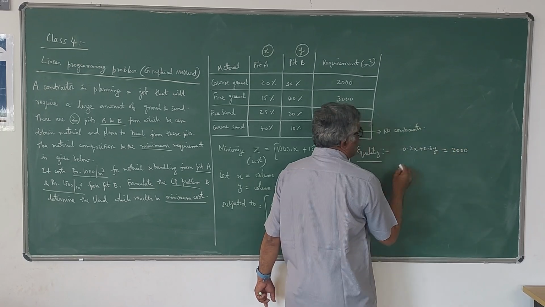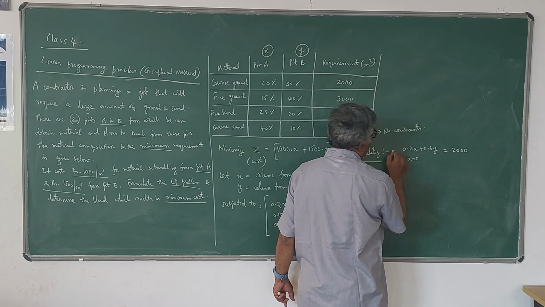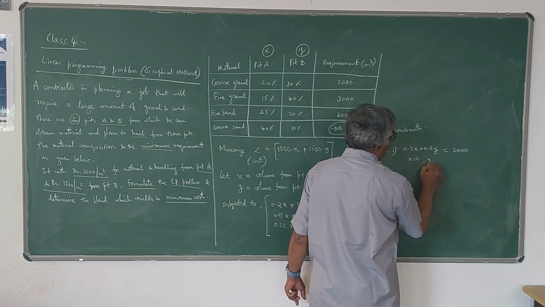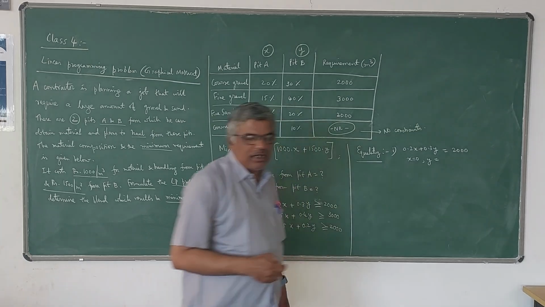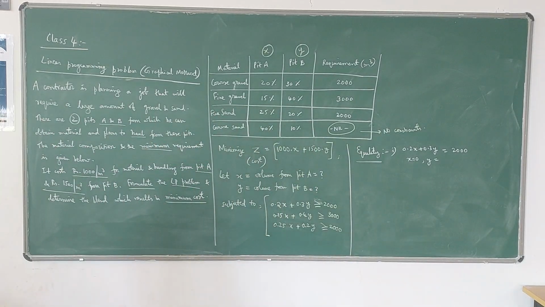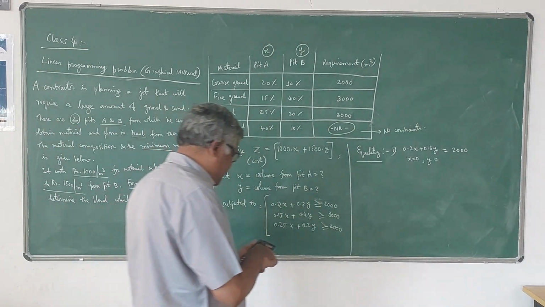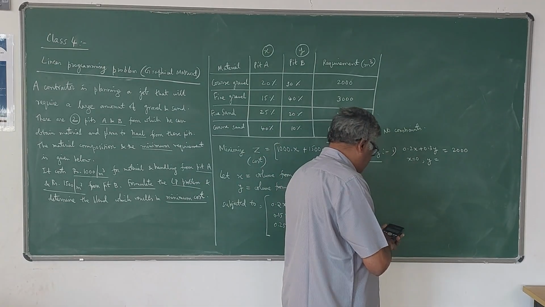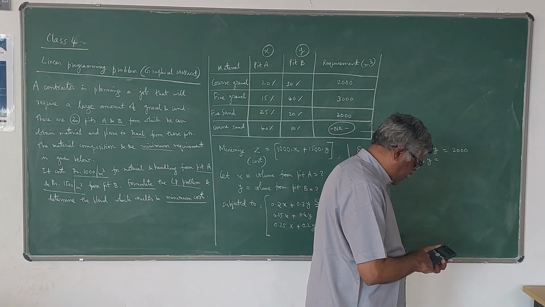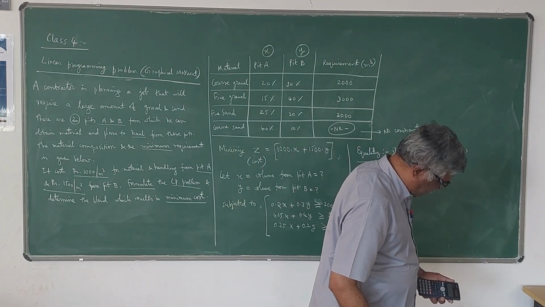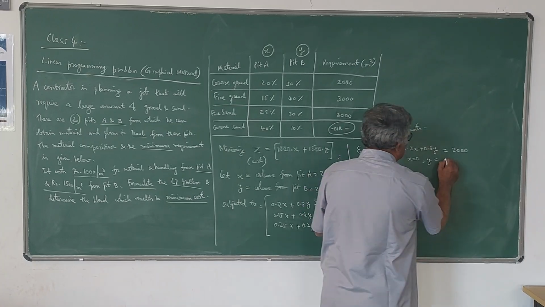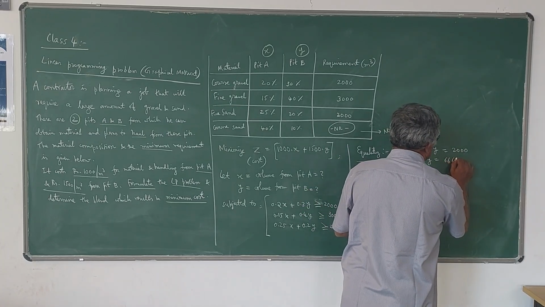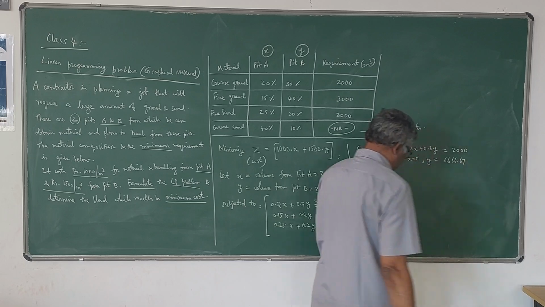So let us put x is equal to 0, corresponding value of y will be 2000 divided by 0.3, so it will be 6666.67.